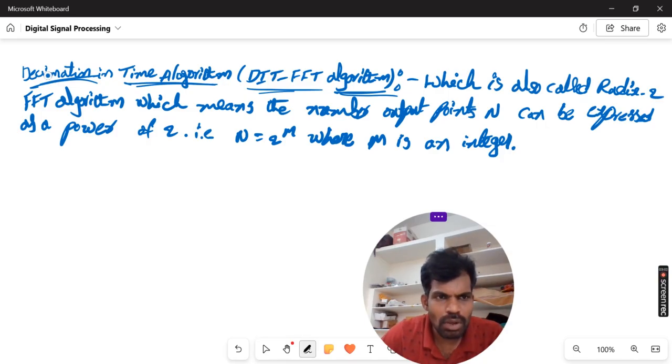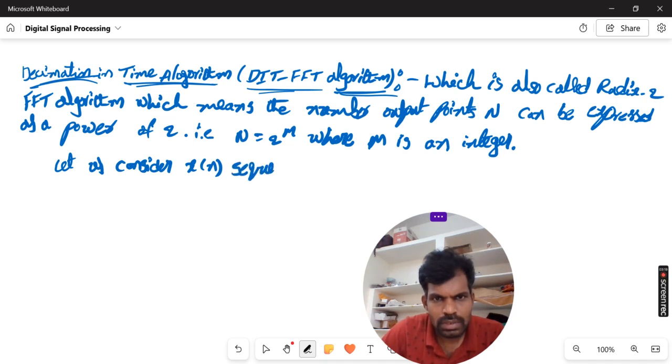Okay, so now let us consider an x of n sequence whose length is N points.